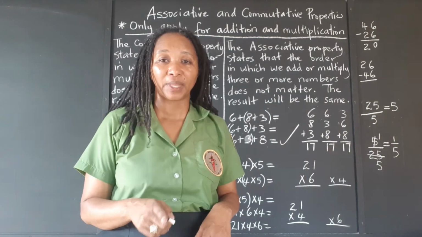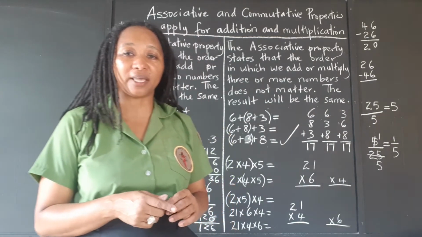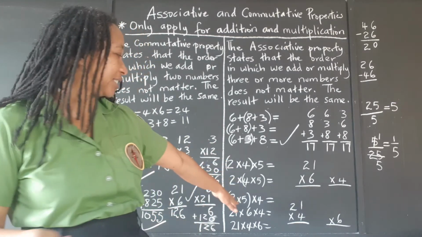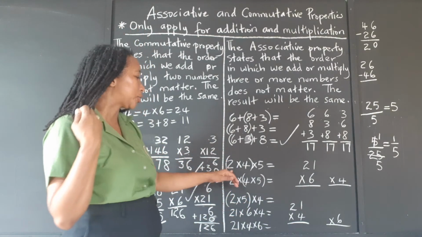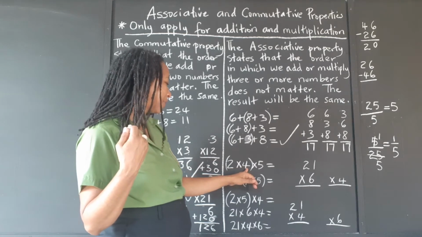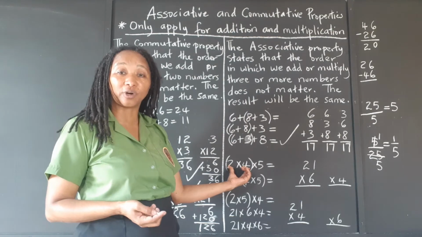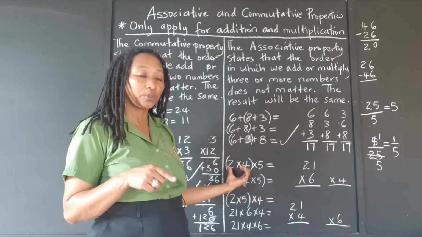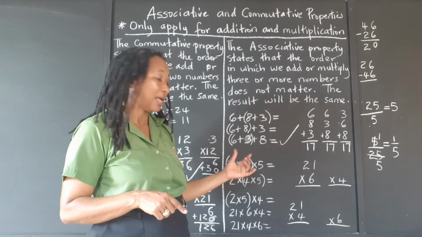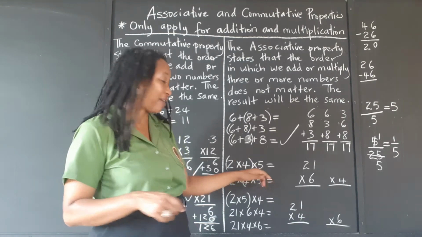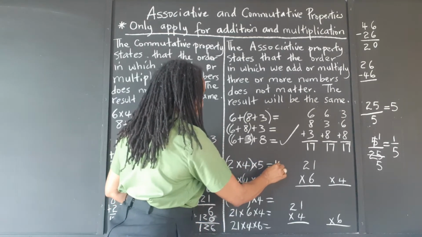Let's check it to see if it works for multiplication. So 2 times 4 times 5. Suppose we work the 2 times 4 first. 2 times 4 gives 8, and then we multiply by 5, we get 40.